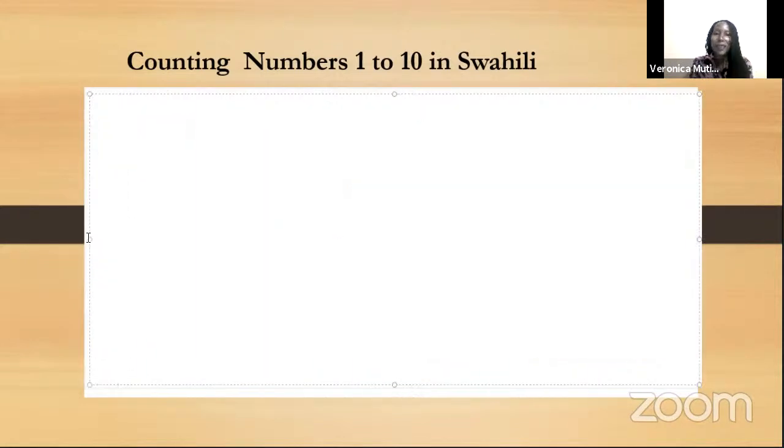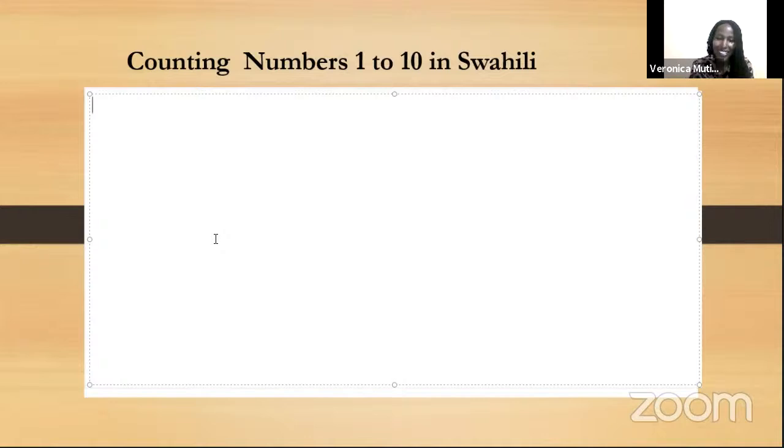Frank, do you remember the word for 10? 10 is kumi. Perfect. And there is no cheating. Try to remember it. And Shannon, do you remember the word for 6? Let me see.